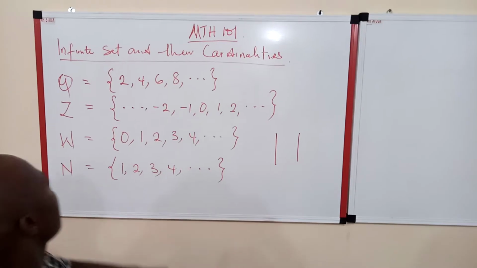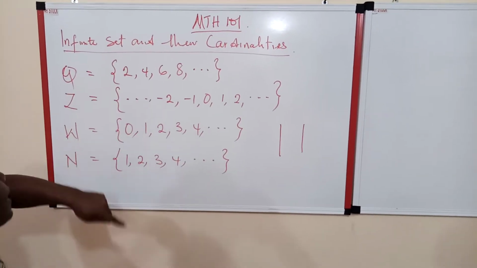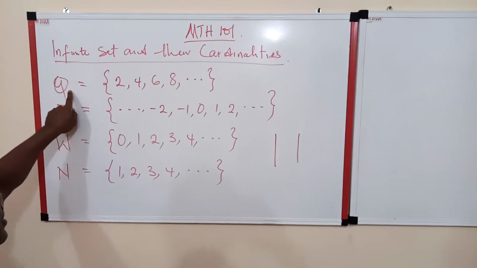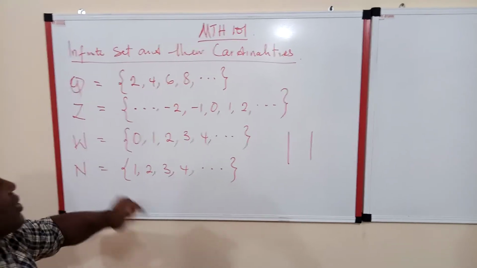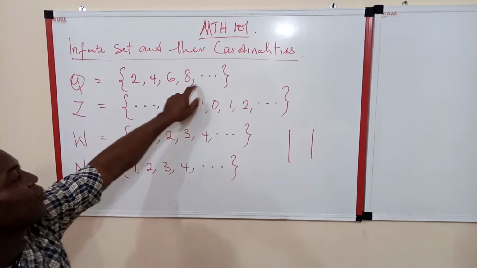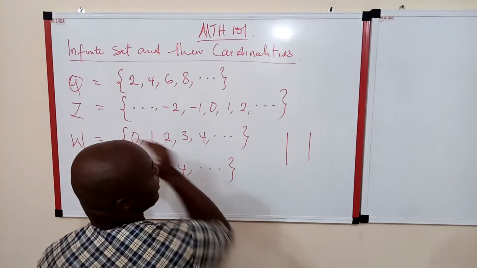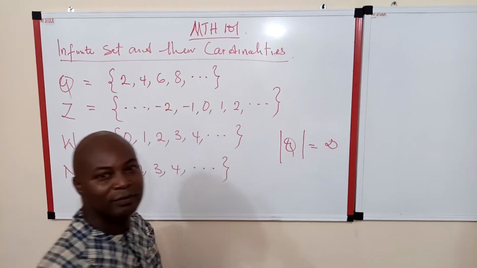So if we want to determine the cardinality of these infinite sets, it means the number of elements in that set. We can't count them, they are uncountable, they tend to infinity. So the cardinality of Q, therefore, will be infinity.